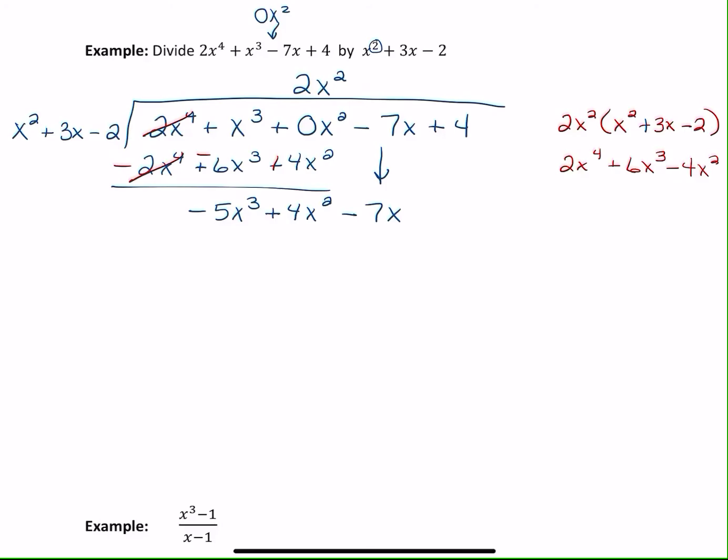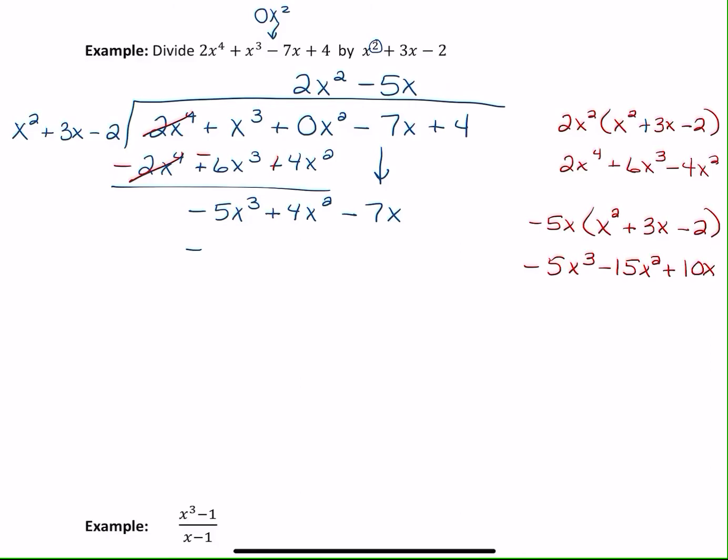And that's going to be a negative 5x. So I've got negative 5x times my divisor, and I'll make sure I get the sign right this time. So that's negative 5x cubed minus 15x squared plus 10x.